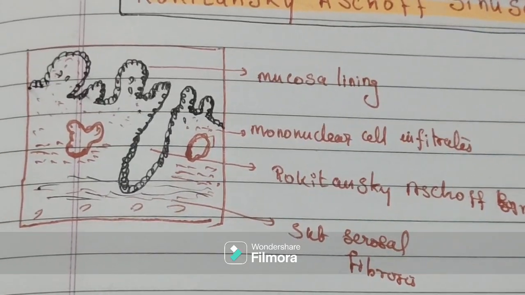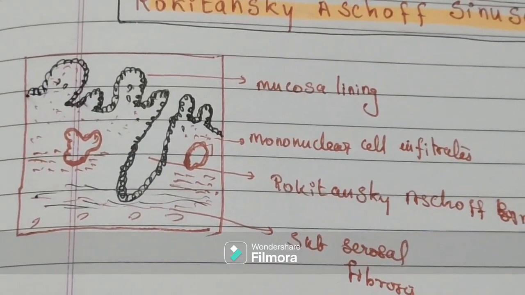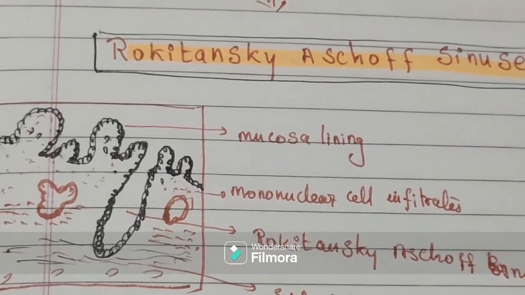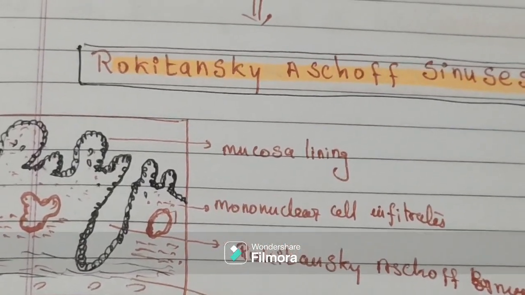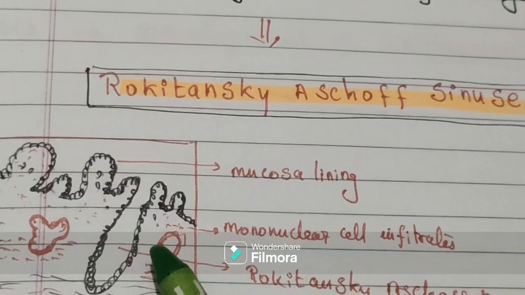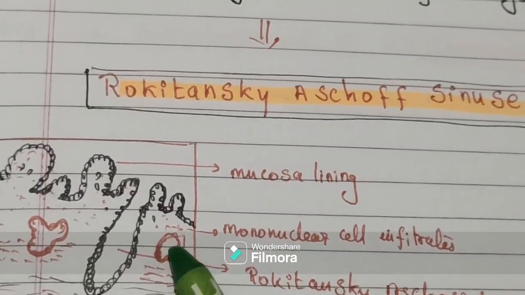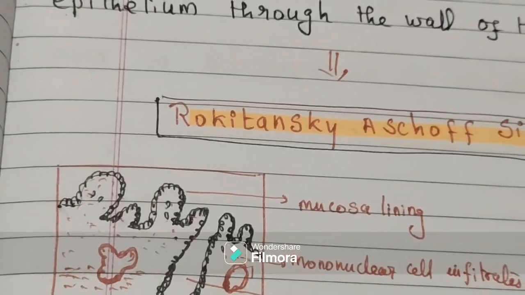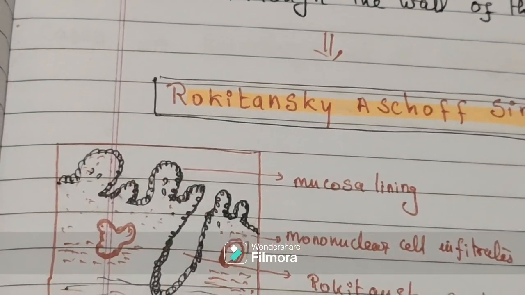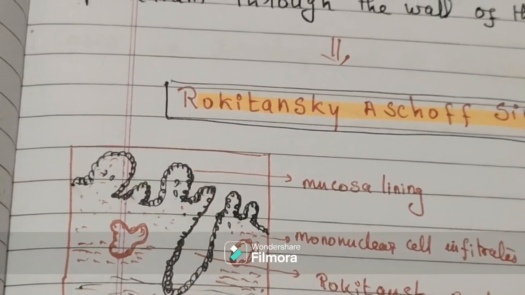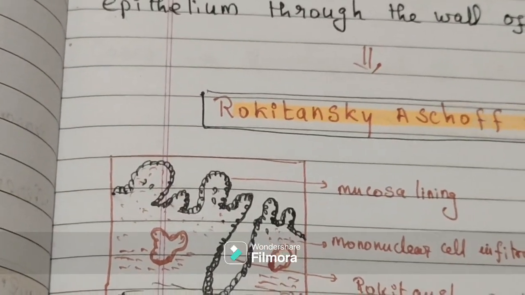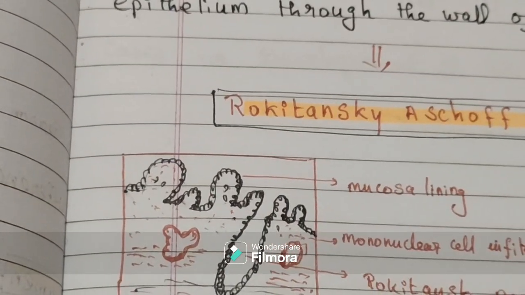Here you can look at the amount of chronic inflammatory cell infiltrate. All these are lymphocytes and plasma cells infiltrating into the various layers of the gallbladder.